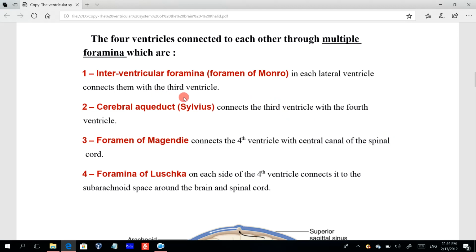So we have two foramina of Monro, one in the lower part of each lateral ventricle, leading to the third ventricle, one from the right and one from the left. The second opening is the cerebral aqueduct, or aqueduct of Sylvius. This duct connects the third ventricle with the fourth ventricle, as we will see in the next picture.